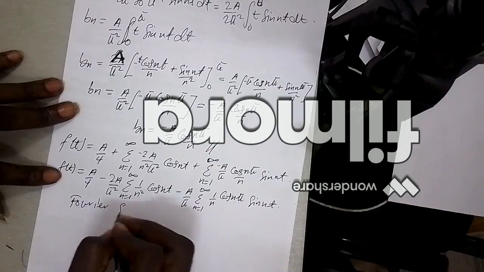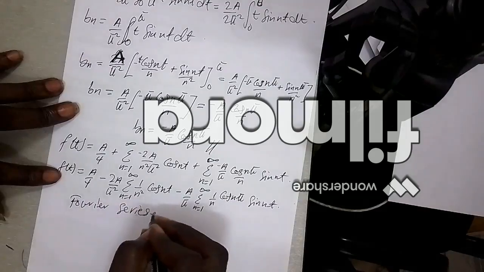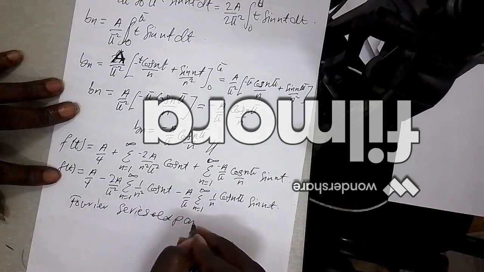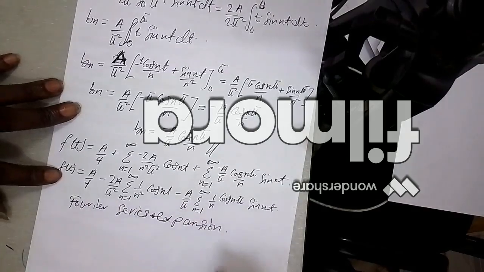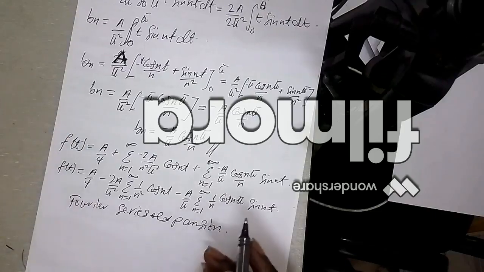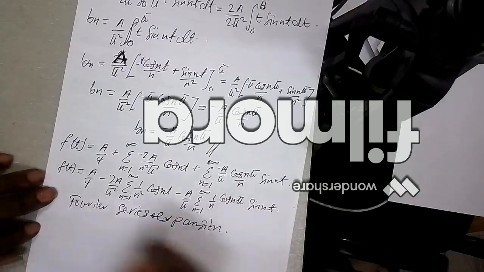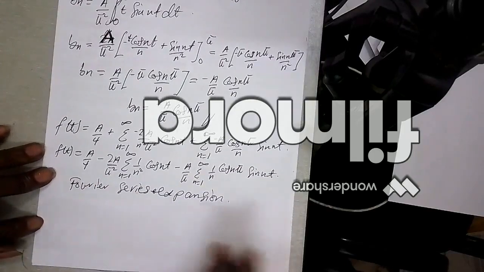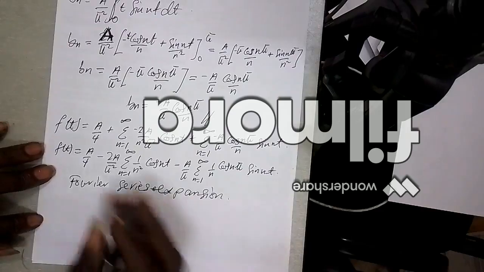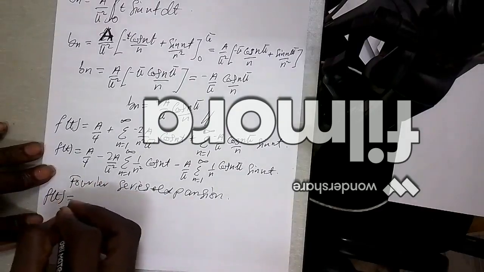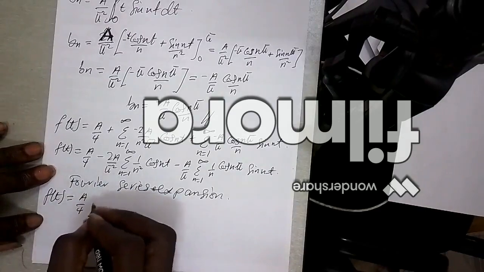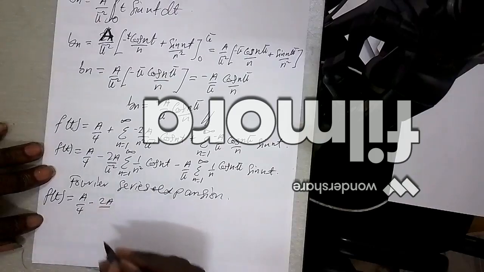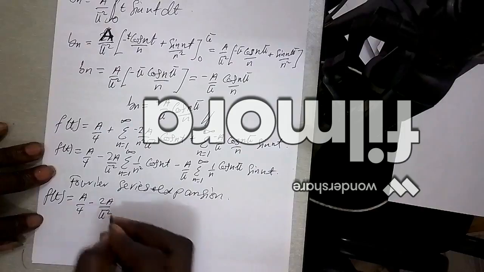So, Fourier series expansion. That's my Fourier series. Now let me see about the Fourier series expansion. I'm going to have f of t equals a over 4, minus 2a over pi squared.